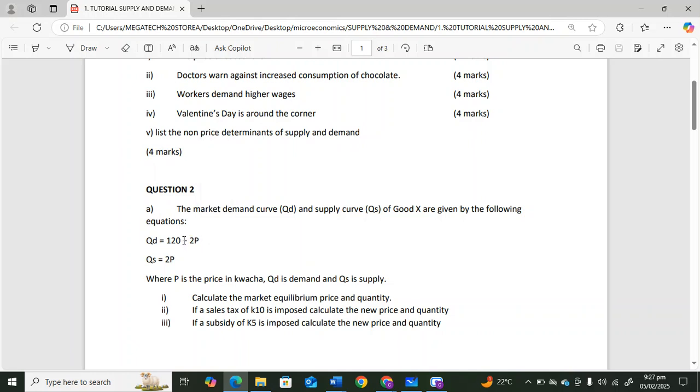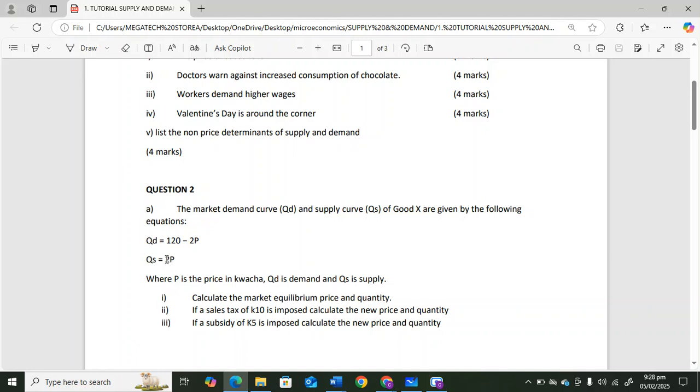This minus symbol shows the inverse relationship: as price goes up, quantity demanded is going to reduce. Then you have the supply function, which shows the relationship between quantity supplied and price.